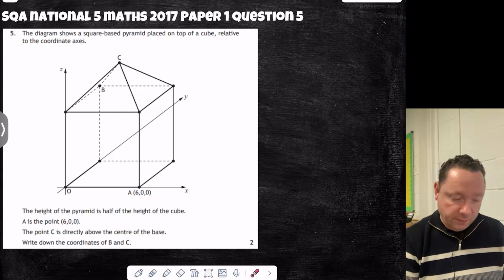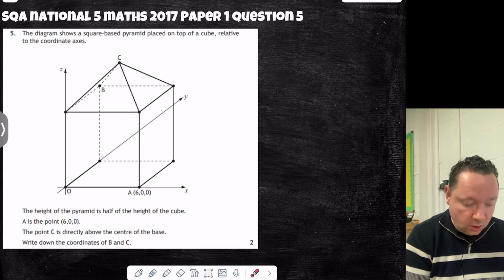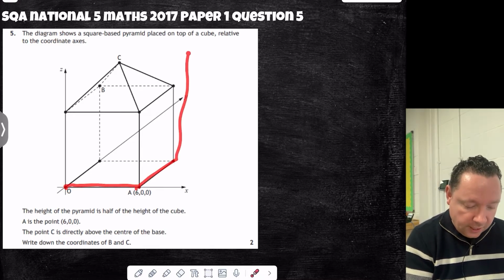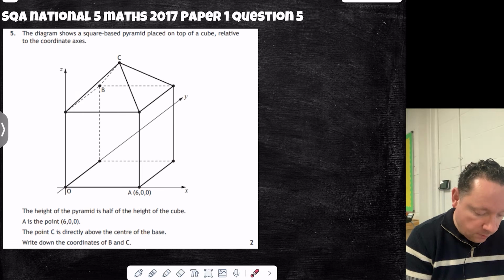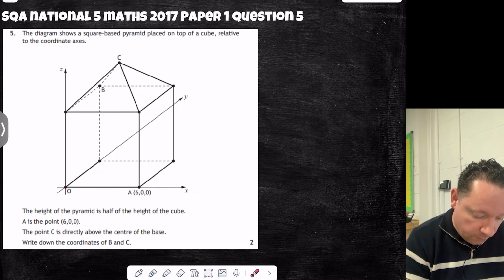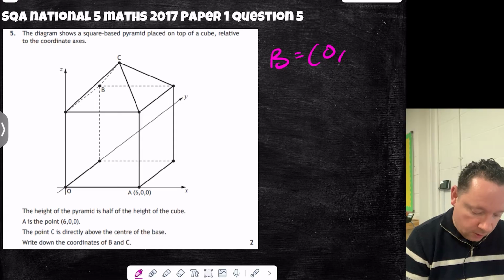So let's start off with B. So remember how this works. We always start at the origin 0, 0, 0. We think about going along the x, down the y, and up the z if we have to. So looking at this point relative to this point, I don't need to go along here, I'll be out of the way. So for point B, I can immediately start saying 0 for the first number. So I've not moved.